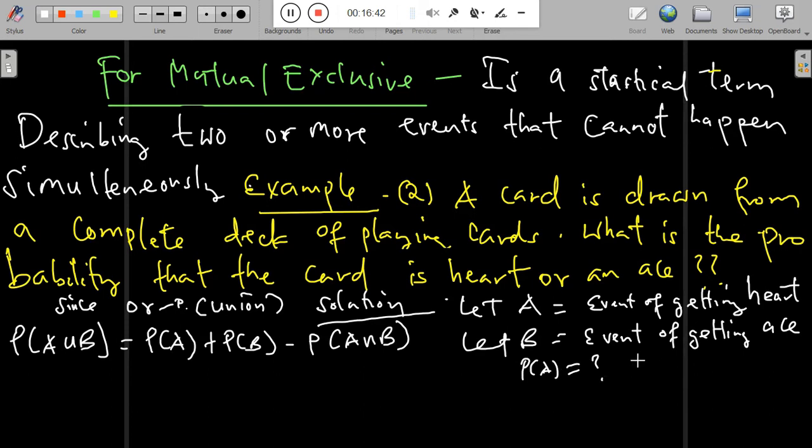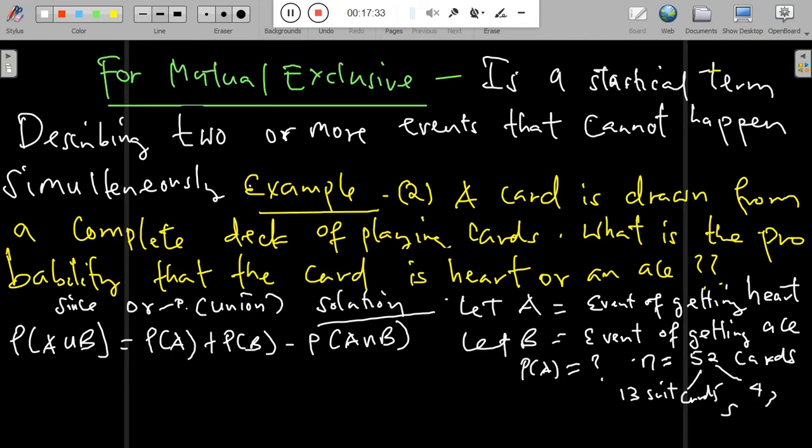So the probability of A is equal to the number of events over the total number of sample space. Remember, the total number of cards we have is 52. Within the 52 cards, we have 13 cards which are hearts. We also have 4 cards which are aces.